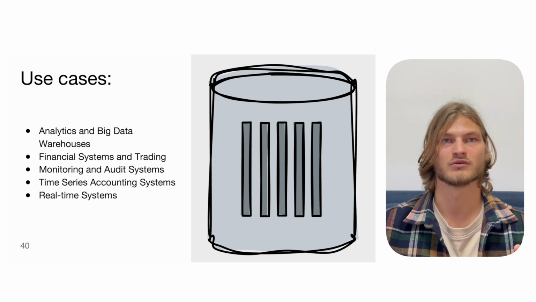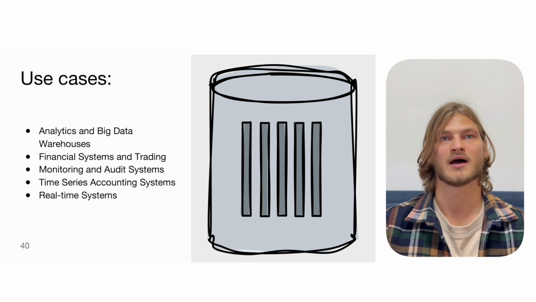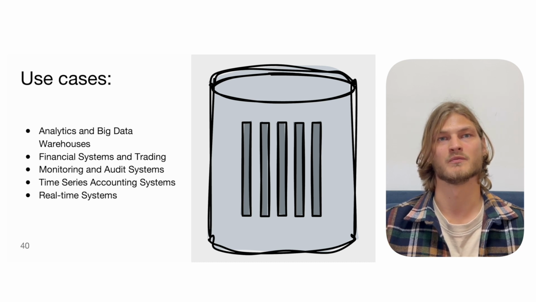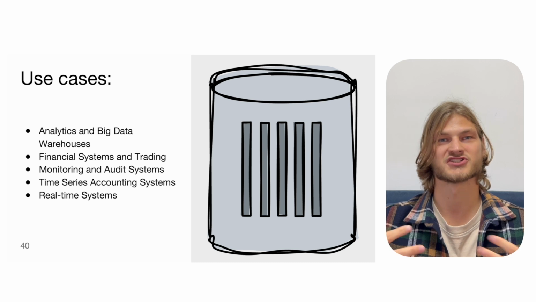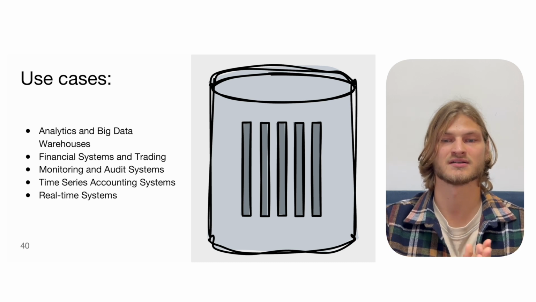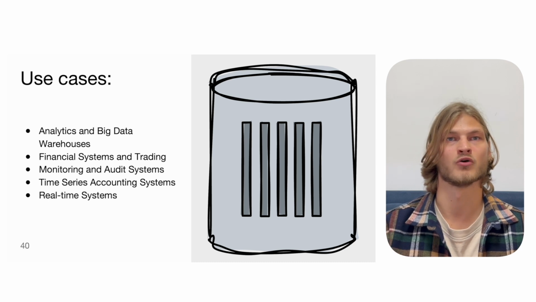Also, it's good for real-time systems because, as I said, it has high read and write performance, and it is really good for processing transactions and event processing of your system.